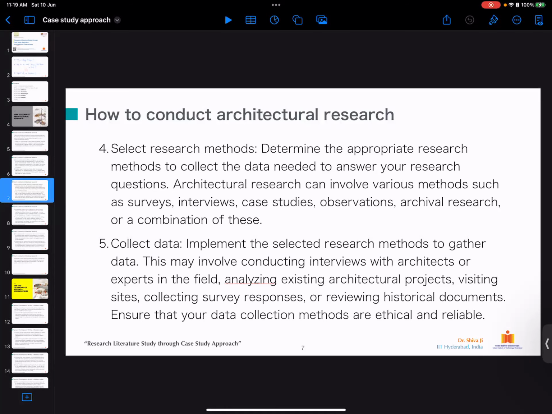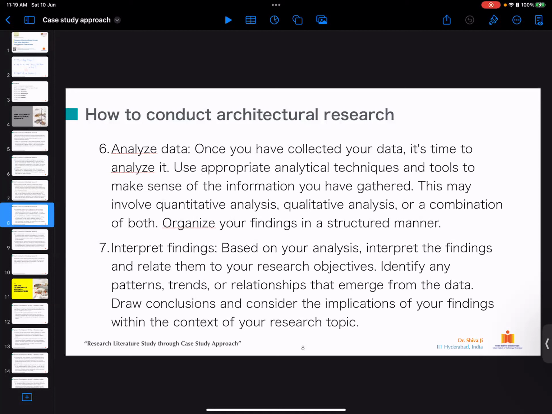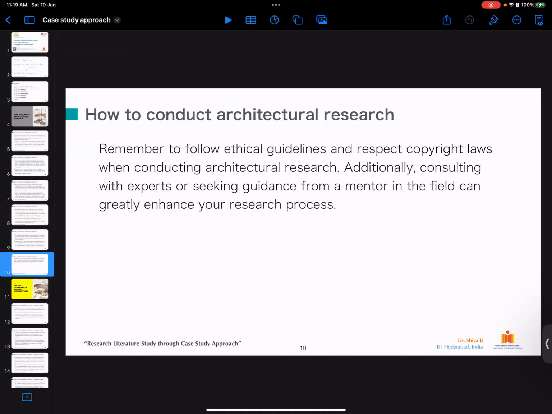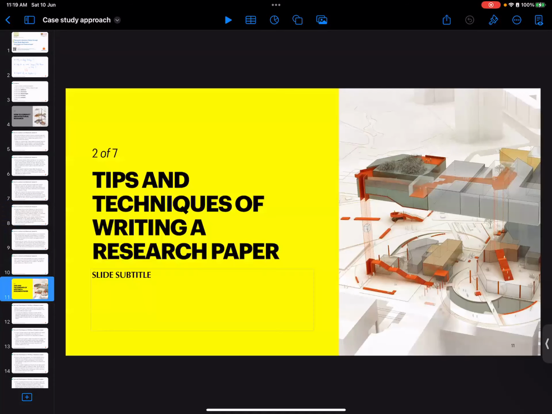Then you will go for collecting your own data, primary data analysis and all that. Finally, analyzing them, interpreting the findings, that is the synthesis part, drawing recommendations and conclusions where you can make sense of those things, and finally documenting and sharing it with everyone. So this is a typical research method.